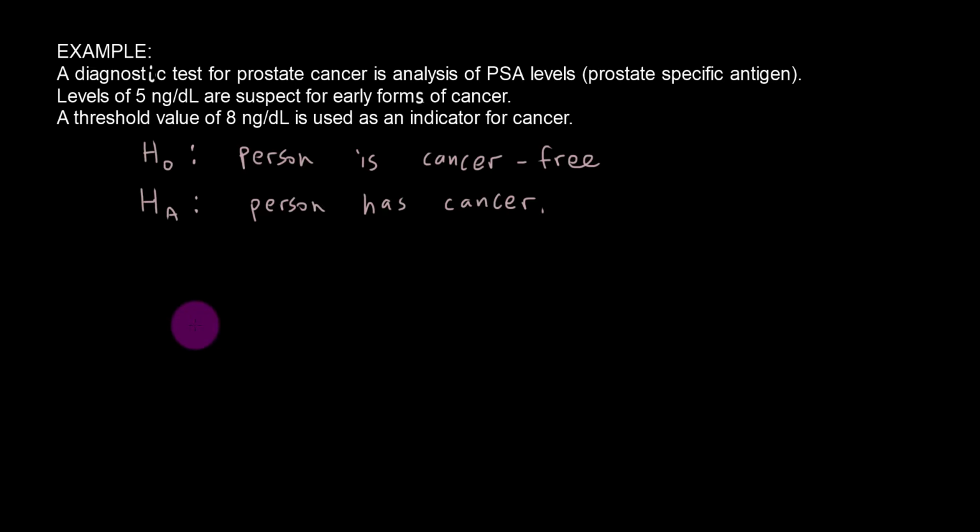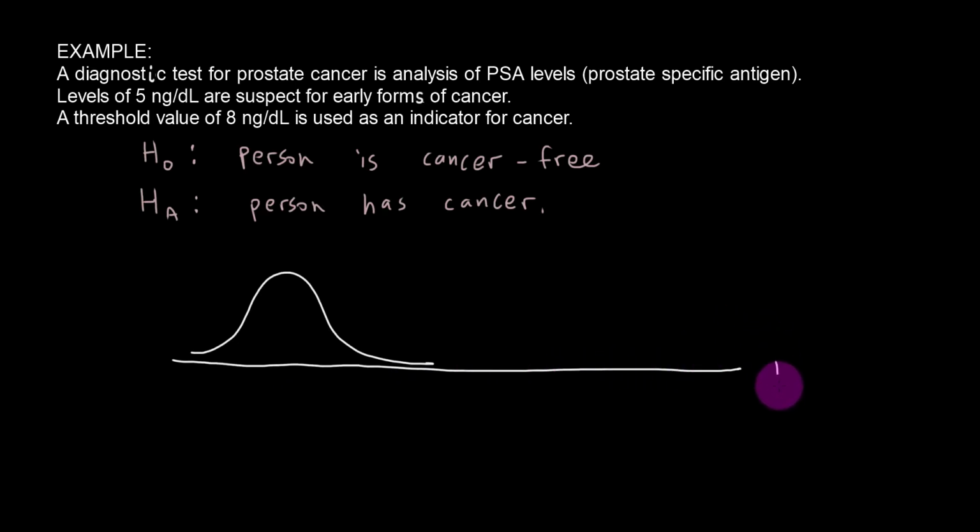And I'm going to draw an image to help illustrate where these numbers are going to come into play. So this first curve, now I don't know if PSA levels are normally distributed. I'm just going to roll with it.